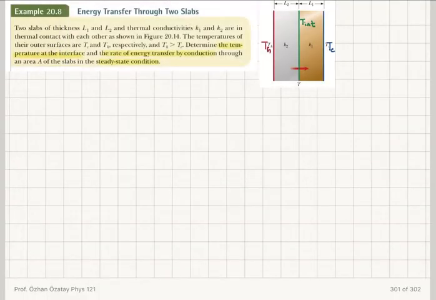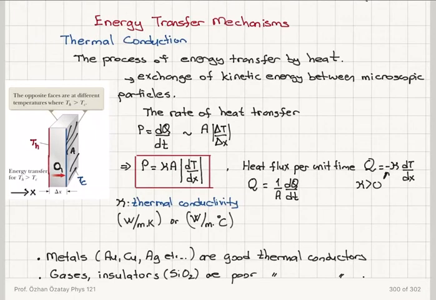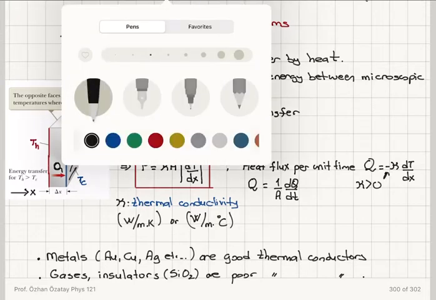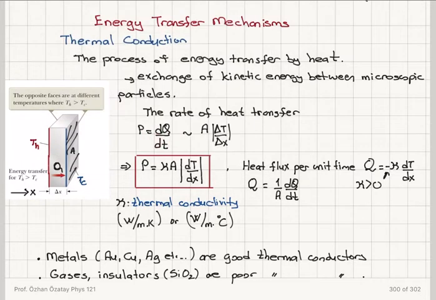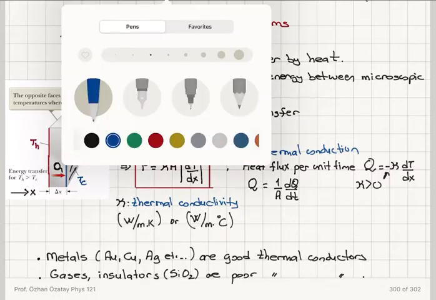So I already know the law of thermal conduction for one material. Power is equal to kappa times area times dT/dx.